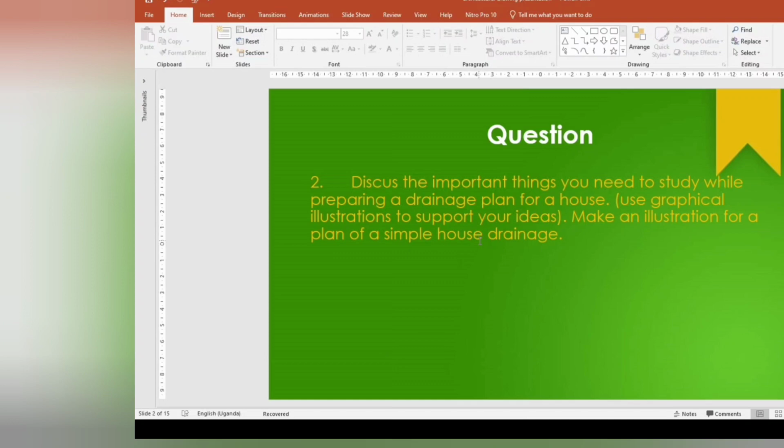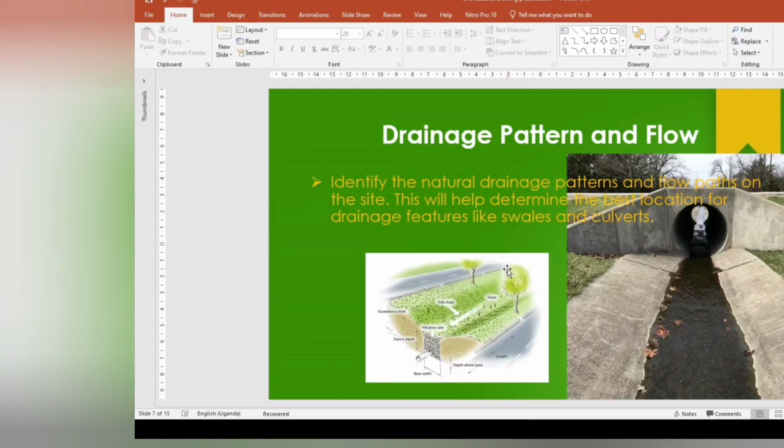Next, we can talk about the drainage patterns and flow. Under drainage patterns and flow, we identify the natural drainage patterns and flow patterns on the site. This will help to determine the best location for drainage features like swales and culverts.